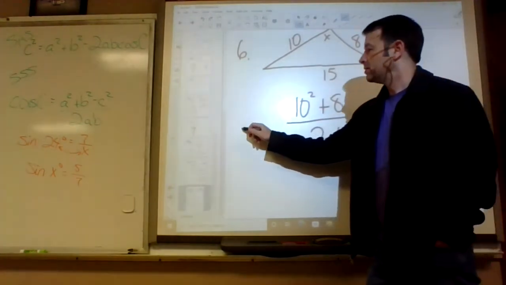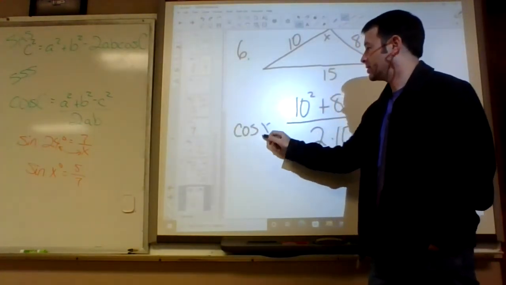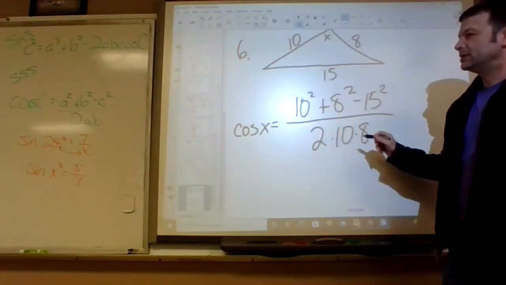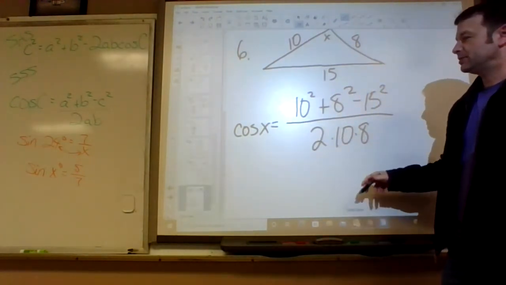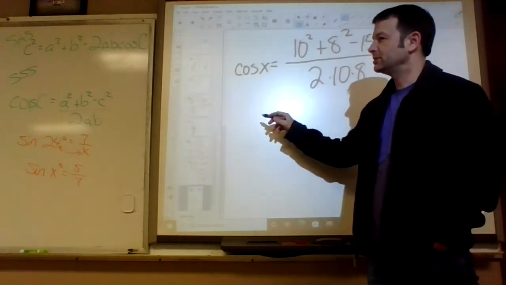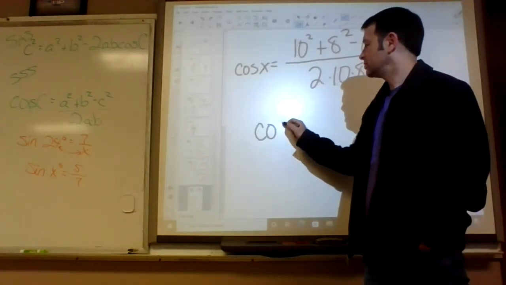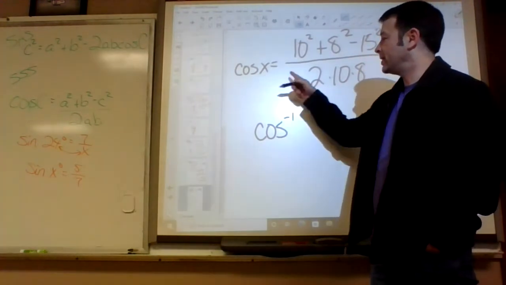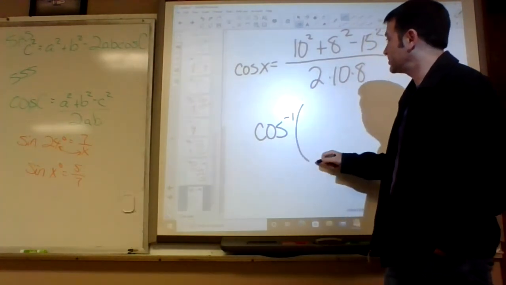That's what cosine of x equals. So to find angle x, you do cosine inverse of all that stuff.